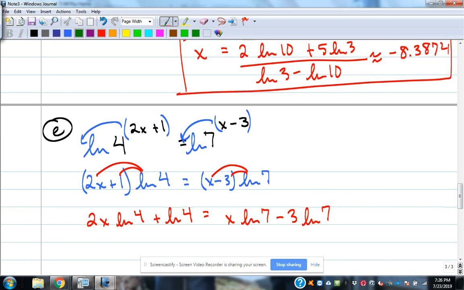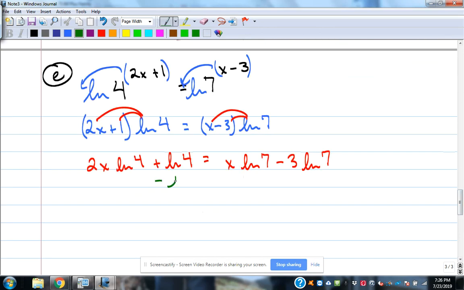Okay, so if I look at this left side, there's 2x, that's got an x part, so I'm not going to move that part. But this natural log of 4 here, I can get rid of. I can move it up to the other side by subtraction. And then on this side, I've got this x part here that I can move to the left side by subtraction.